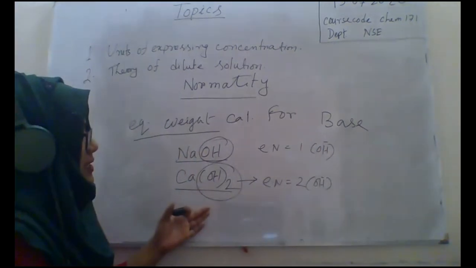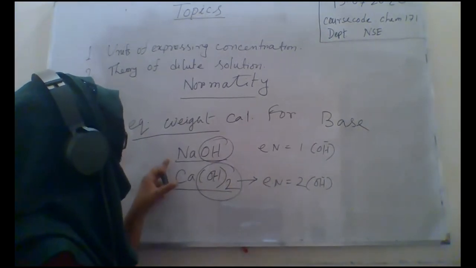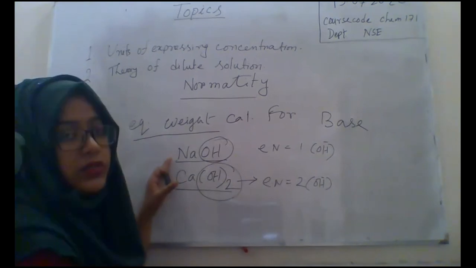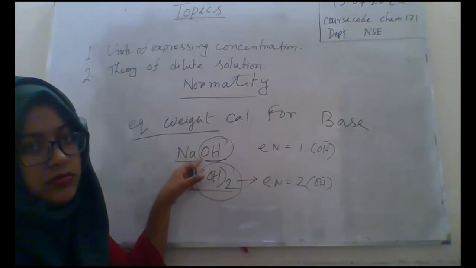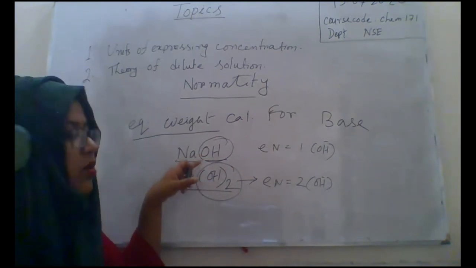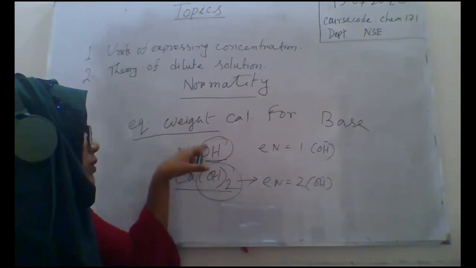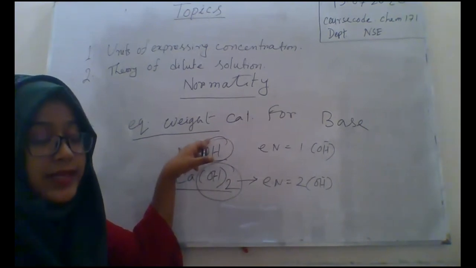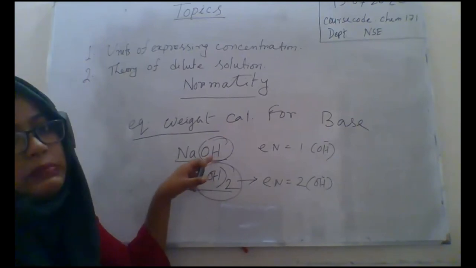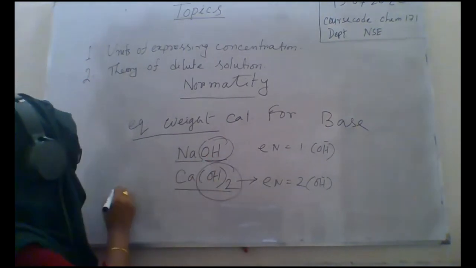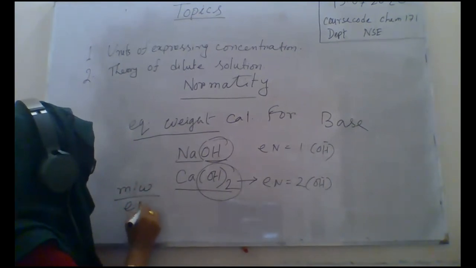So it's very easy. You take the molecule or species that you want to make the solution from. Then you just see its nature. Is it an acid or a base? If it is a base, you calculate the number of hydroxyl ions. If it is an acid, you take the number of H+ ions. So the molecular weight is divided by the equivalent number.